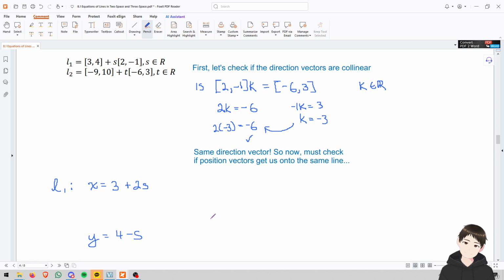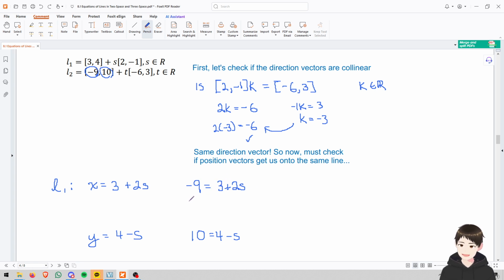Good? Well, is it possible that I have my -9 and my 10 as my x and y values? I'm just going to check. And if I have a single parameter that moves my direction vector from (3, 4) to get to (-9, 10), then I've proven it. So let's do it.